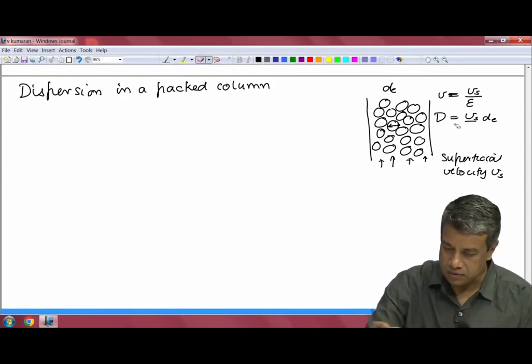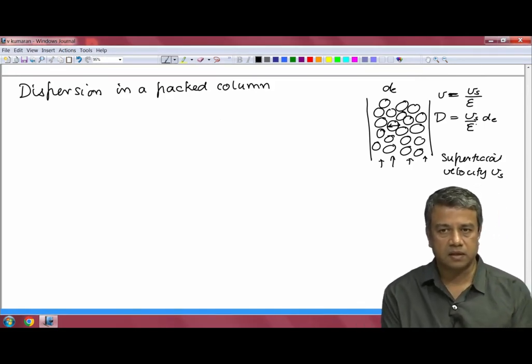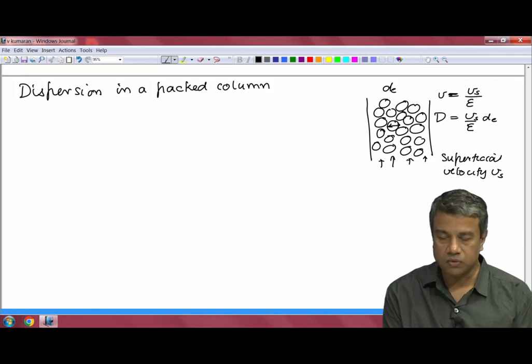Here I will go through a simple example of a structured porous material in order to demonstrate how this scaling comes about. Okay.